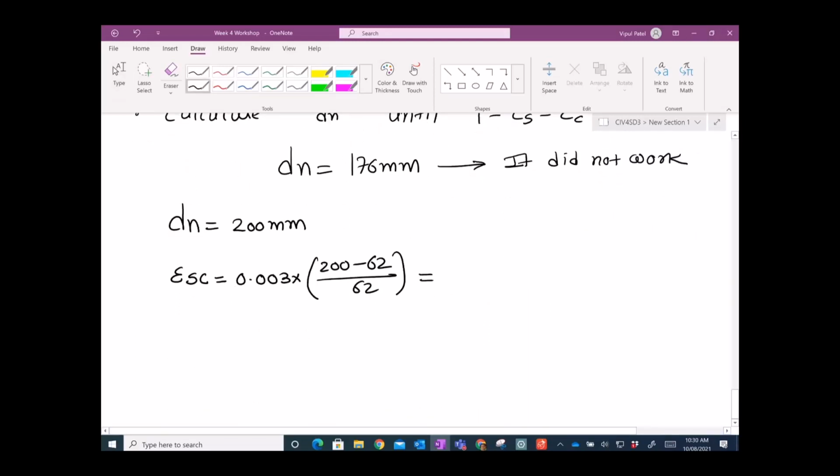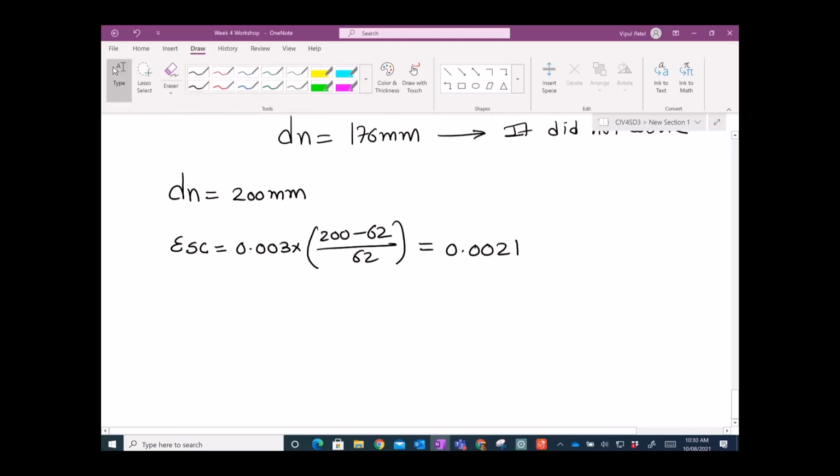So you get strain, to stress, and then force. That's the procedure that we're going to follow. So 0.0021. Okay, close to 0.0025, but still it's not yielded. So stress in the top rebar is 0.0021 times the Young modulus. You will get 414 megapascals.